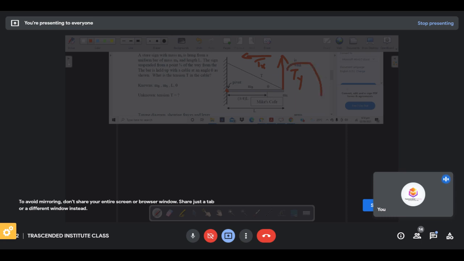So what is the y going to give us? The torque. First of all, let's try to write it in terms of a force, in relation to the angle theta. Ty is T sin theta. That's the force. So now in terms of torque, how is it going to be?